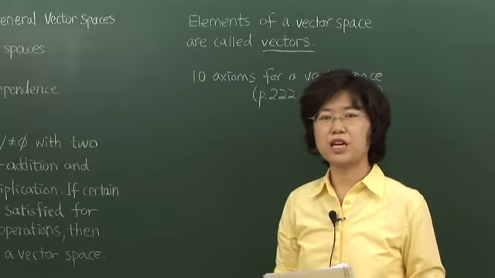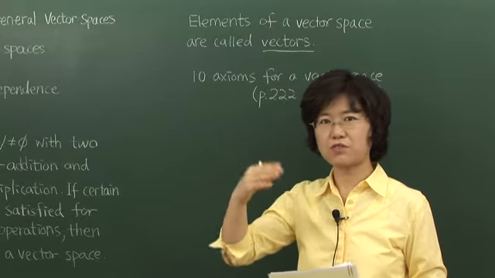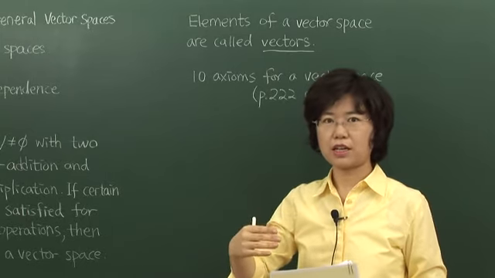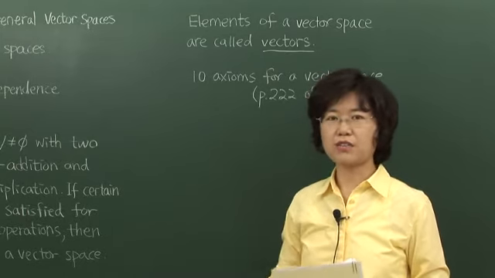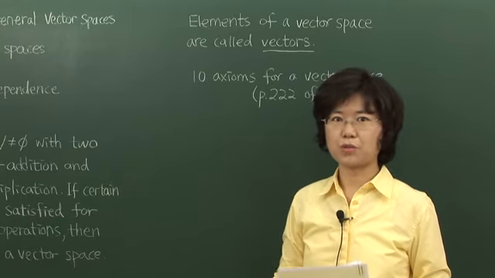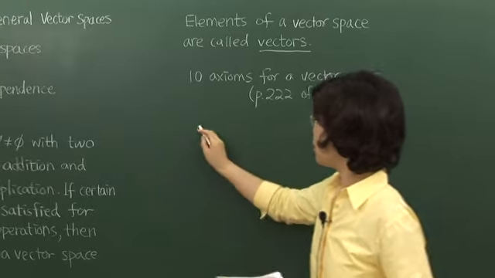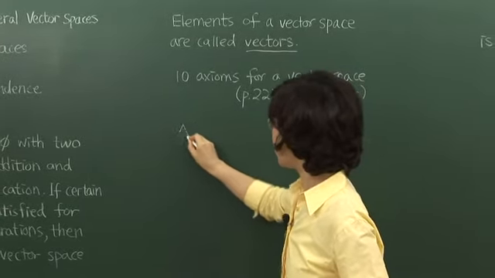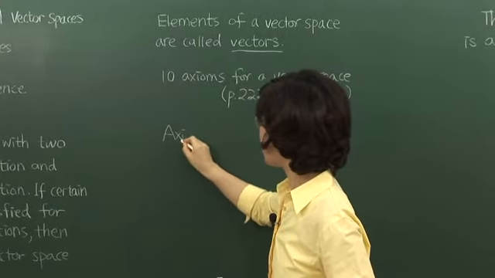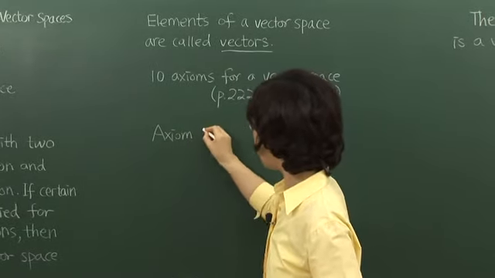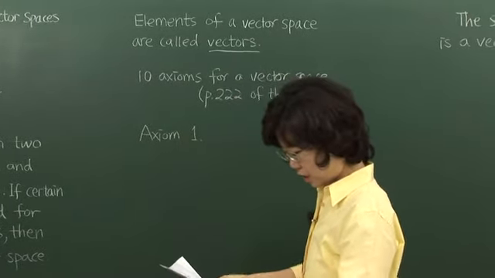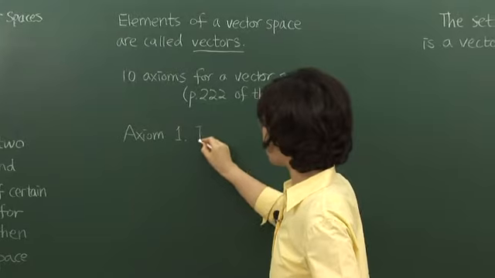If you look at those axioms, the first 5 axioms are about addition, and the rest are about scalar multiplication. So let's see 2 axioms in particular. Axiom 1 is about addition.